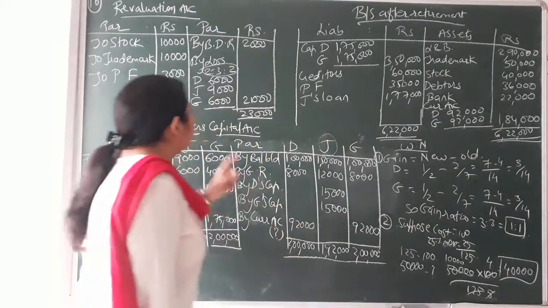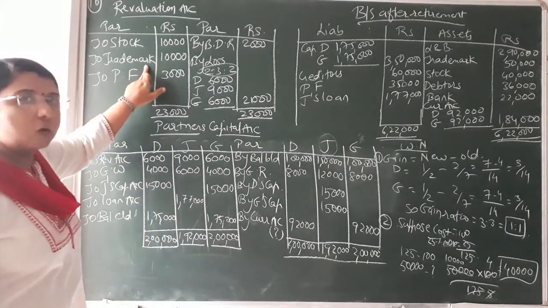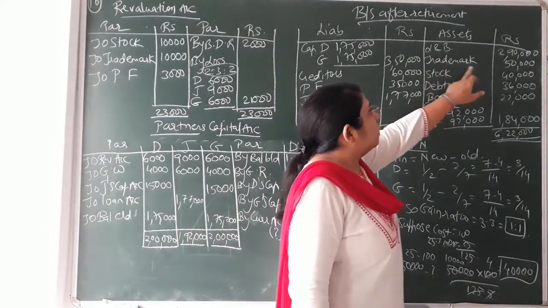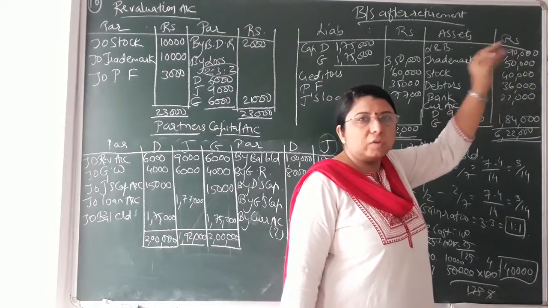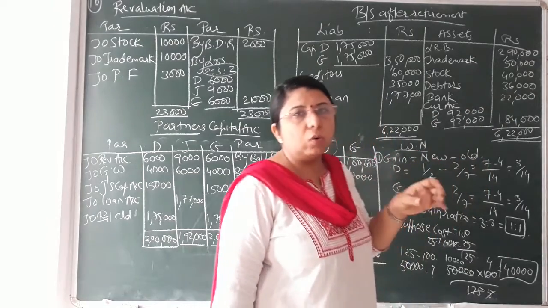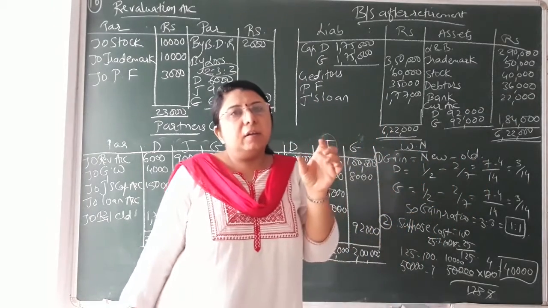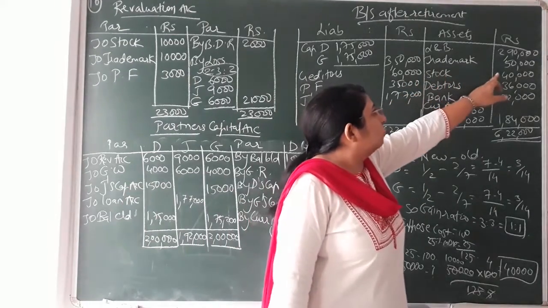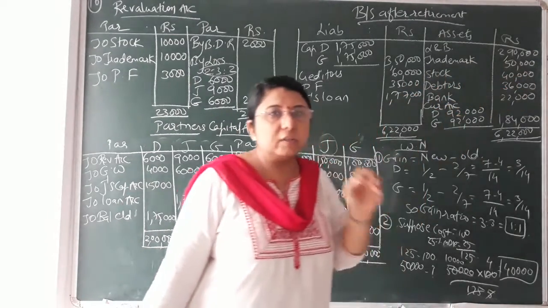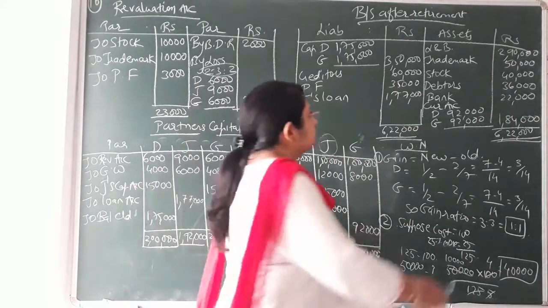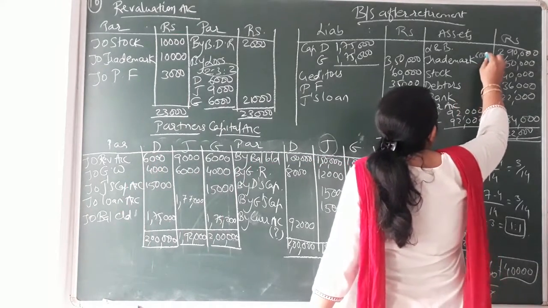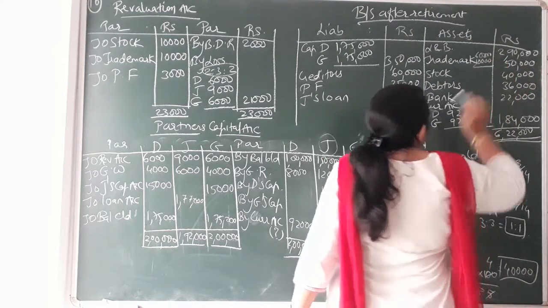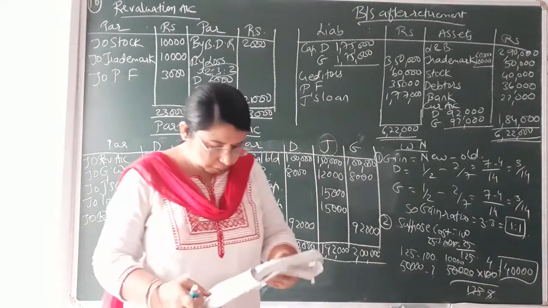So that written off value we have written on the debit side of the revaluation account, rupees 10,000, and over here the reduced value of trademark is rupees 50,000, because the current year's written off amount we have deducted from it, and the remaining balance is for the remaining 5 years. So the new value of trademark would be 50,000, after subtracting 10,000 from 60,000. If required, you can show over here 60,000 minus 10,000, and in the outer column you will show rupees 50,000.